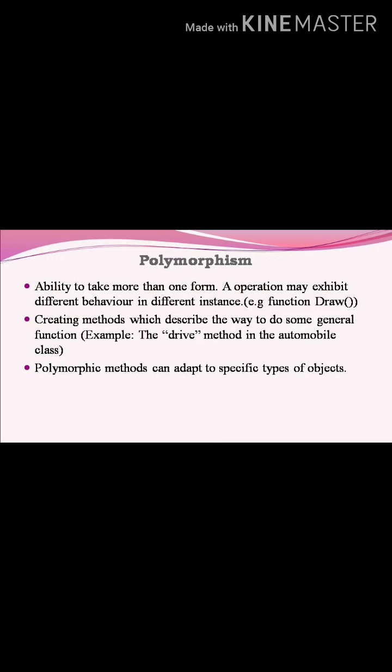The operation will generate a sum. If the operands are strings, then the operation would produce a third string by concatenation. The process of making an operator exhibit different behaviors in different instances is known as operator overloading. Polymorphism plays an important role in allowing objects having different internal structures to share the same external interface.